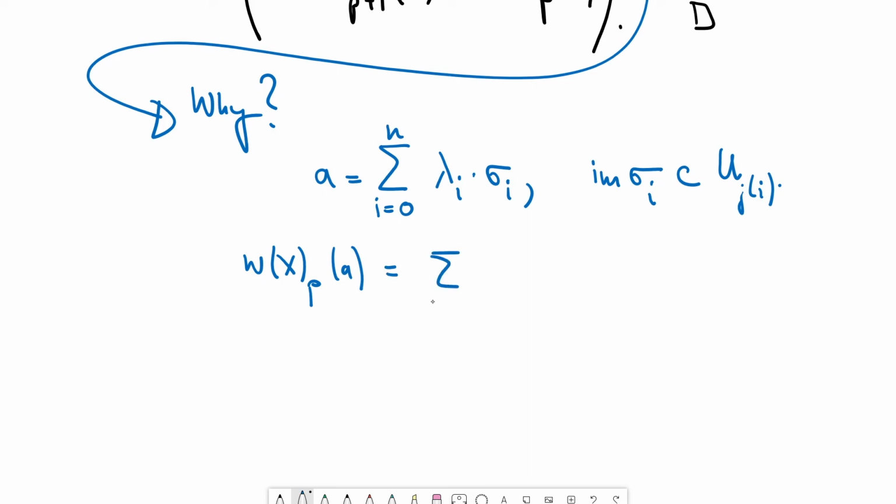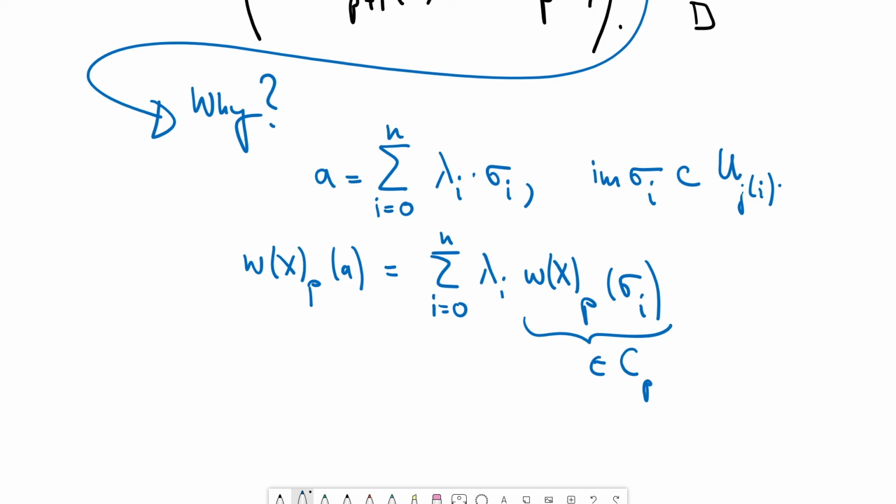Again, it's linear, so we really only have to look at what happens to a singular simplex. So I want to argue that all these are in C p U j i, really. The final conclusion from that will be that this is indeed what we want. It is in C p plus 1 U of x.